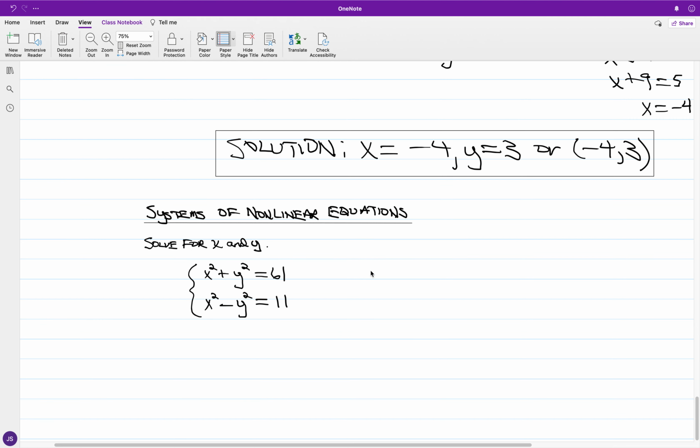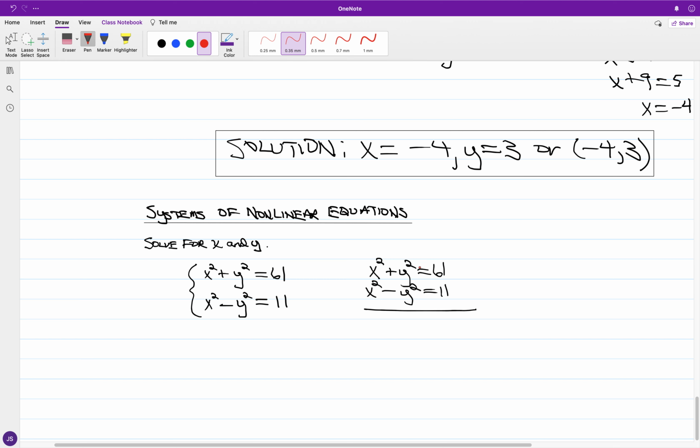So looking at combining, I have x squared plus y squared is equal to 61, and x squared minus y squared is equal to 11. Okay, so if I add together, positive and negative y squared go out.